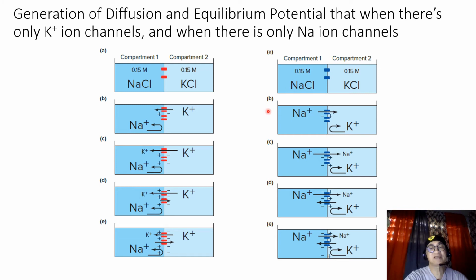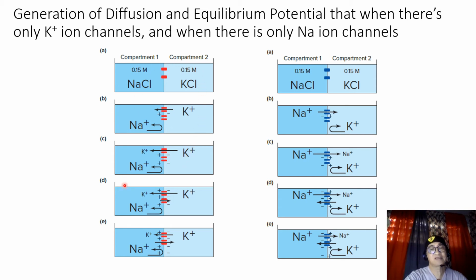This series of images of ionic distributions across a selectively permeable membrane describes how the membrane potential is established, that is in turn produced by the concentration gradient and electrical potential or membrane potential.